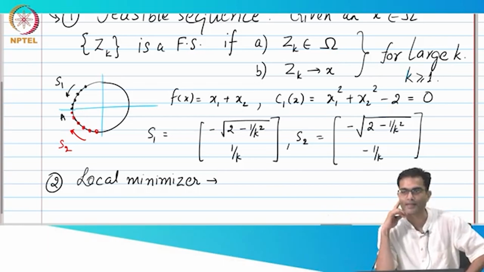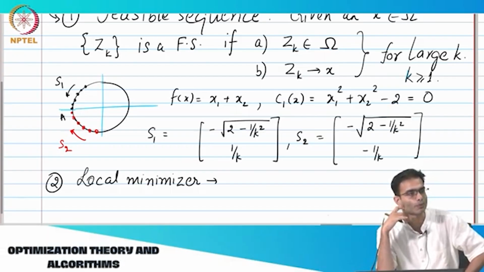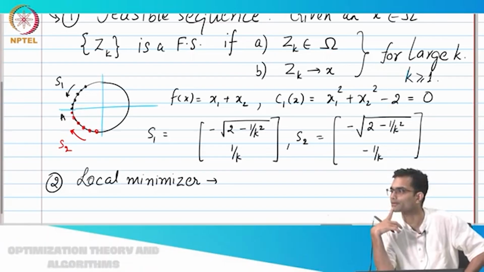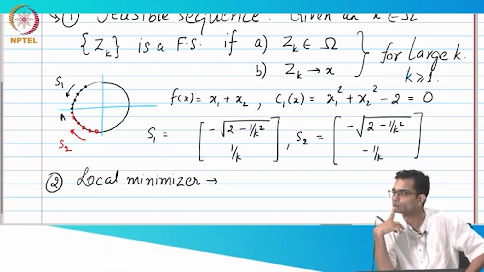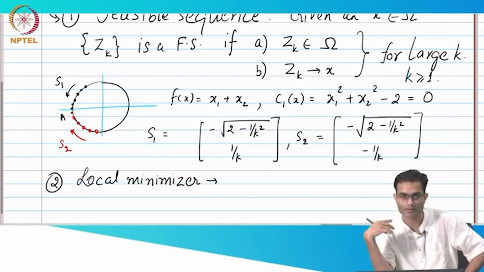And you don't have any calculus to work with, you only have feasible sequences which you can construct at will. What would distinguish the minimizer from any other point in the set? Right, that's exactly right.